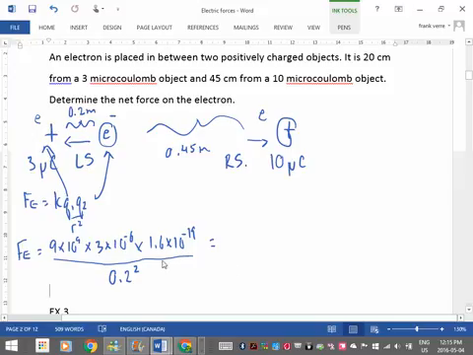Just by looking at it, this is what, 4.8, close to 5 times 10 to the negative 25. That's like 45 times 10 to the negative 16 divided by 0.04.